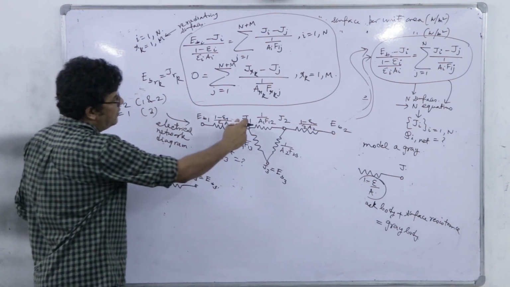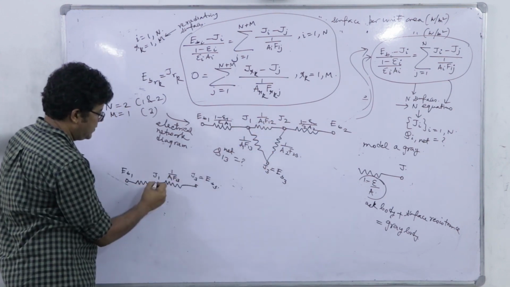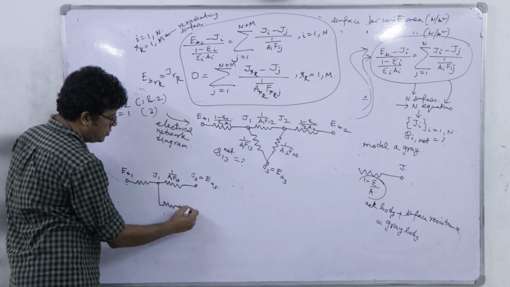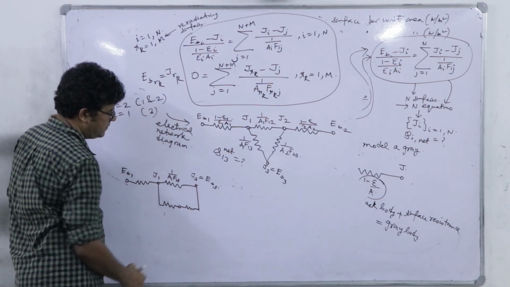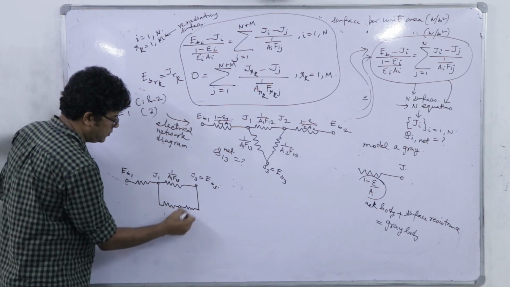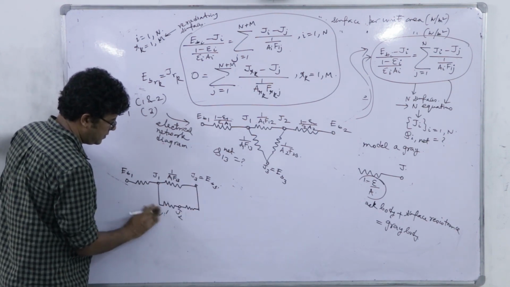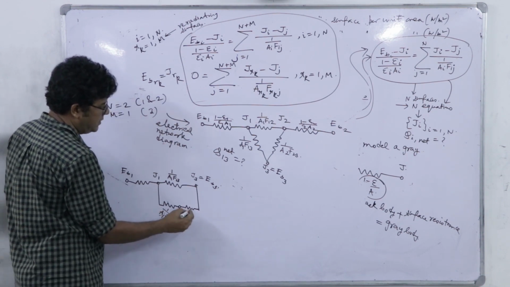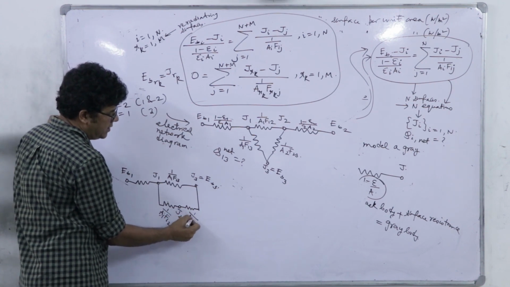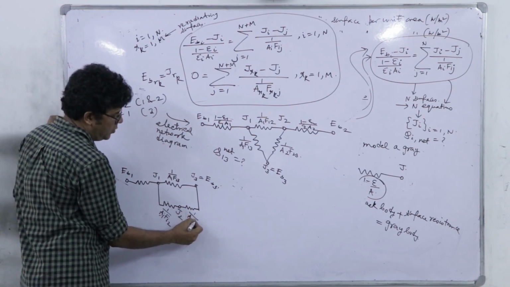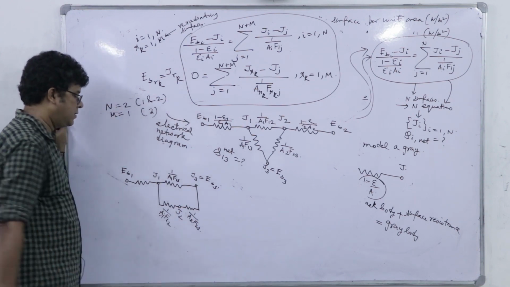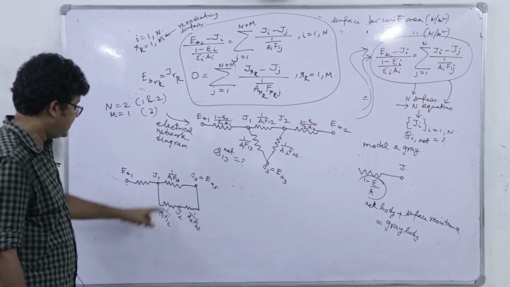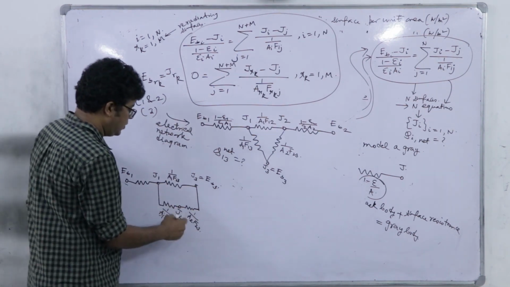Now, another path from J1 to J2 and then to J3. This is J2, this is J3, and this resistance is 1 divided by A1 into F12 and this resistance is 1 divided by A2 into F23. You see that these two are in series, so these two will be added.